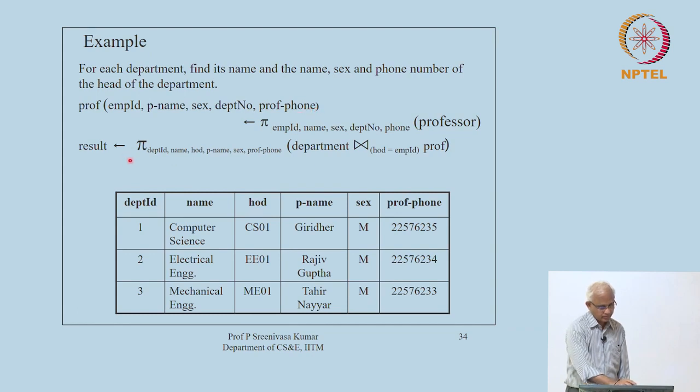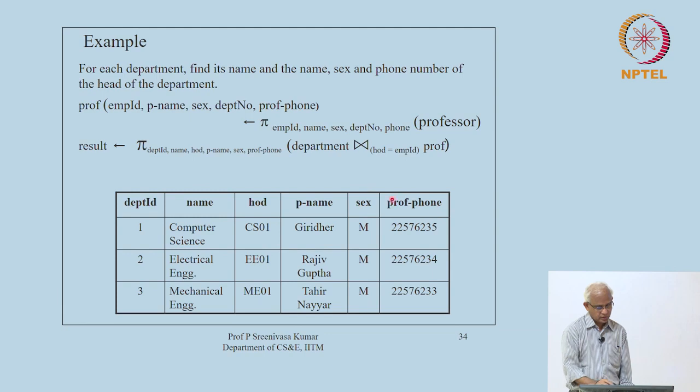And then I can go straight for the join. So, here I perform department join prof, which is this temporary relation, with the join condition HOD equals employee ID. Once you do that, we get the relevant combinations, and from those we have been asked to find the name of the department, and the name and other details of the head of the department.